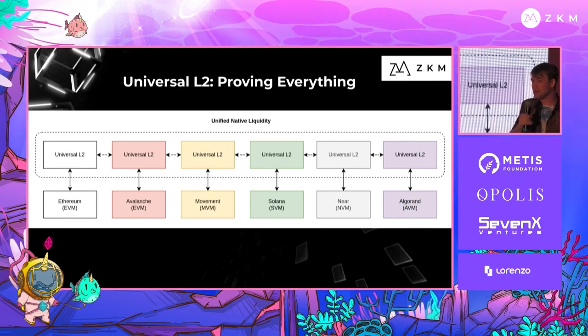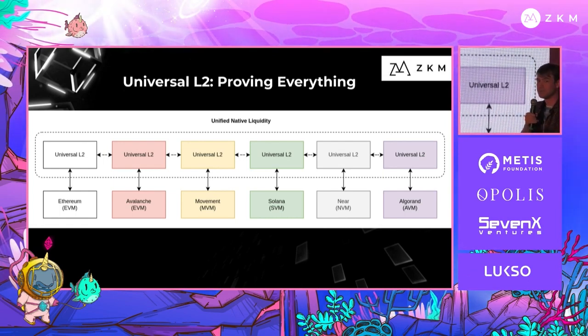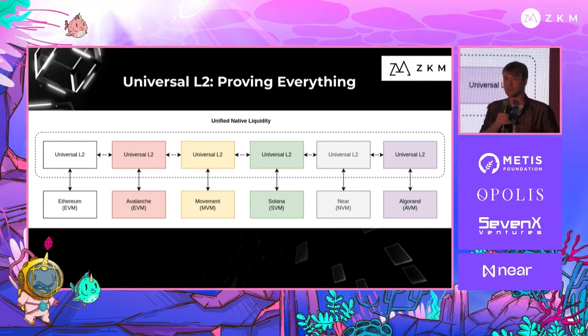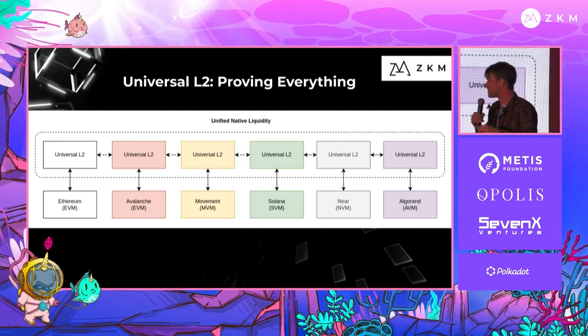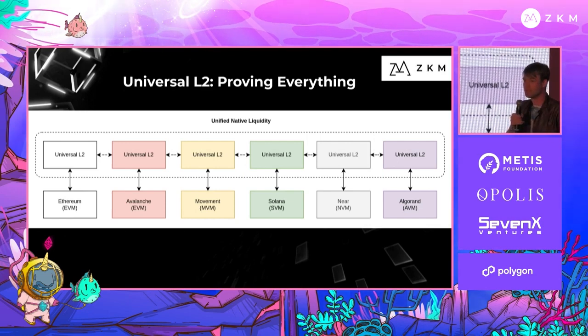I can prove that some level of computation has occurred on each and every single L1, even if they are incompatible with one another. As long as they have some type of way to have a smart contract function or some type of way to allow me to verify a proof on their chain, I can integrate.